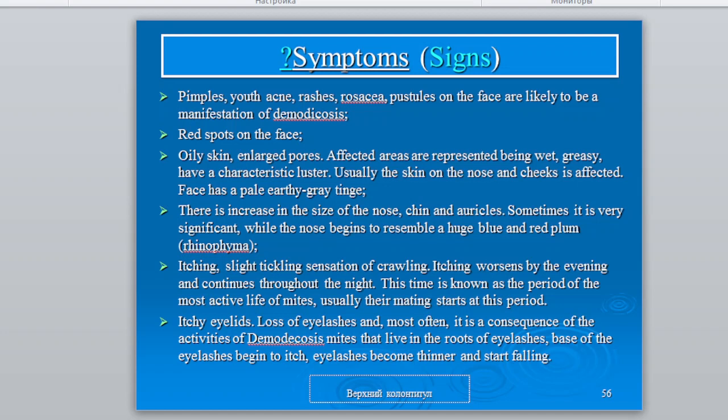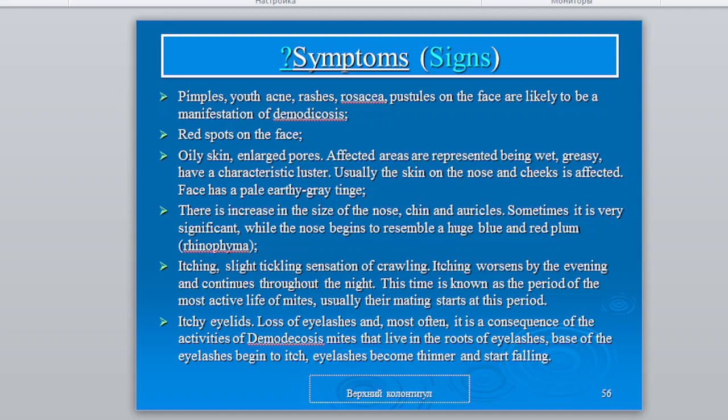Usually the skin on the nose and cheeks is affected. Face has a pale earthy gray tinge. There is an increase in the size of the nose, chin, and auricles. Sometimes it is very significant, while the nose begins to resemble a huge blue and red plum, rhinophyma.